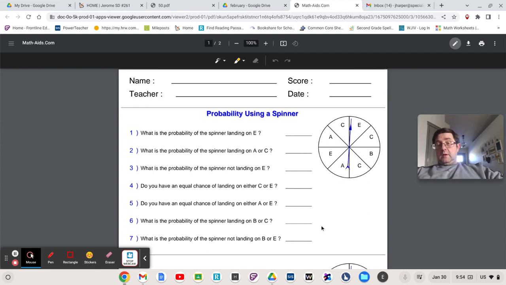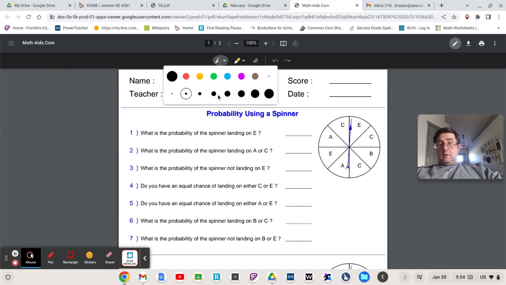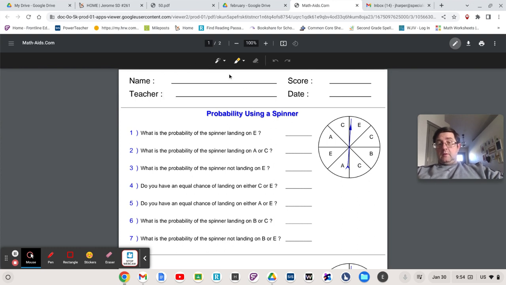So again, let's count these. Let's make sure that that's there. So we go 1, 2, 3, 4, 5, 6, 7, 8. So we know it is going to be out of 8.